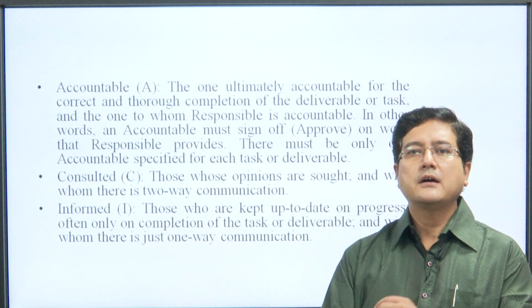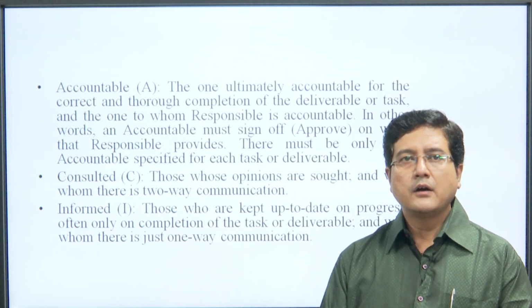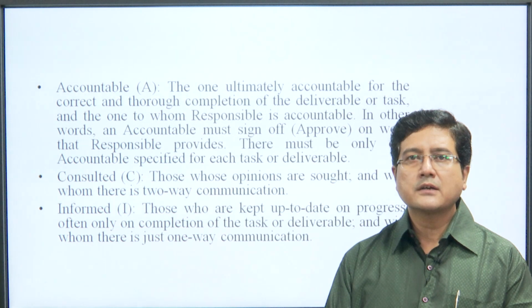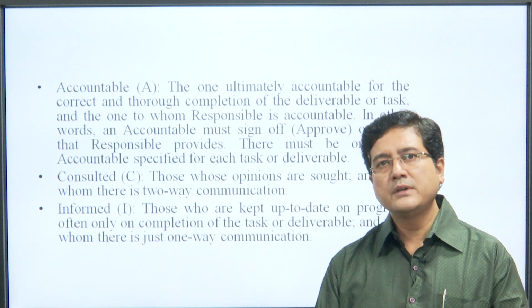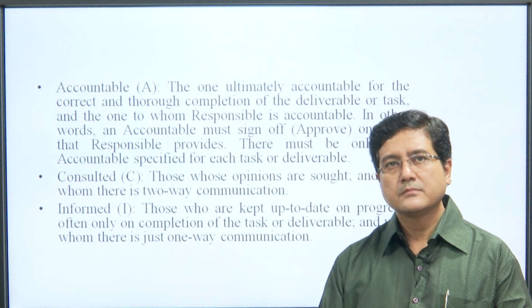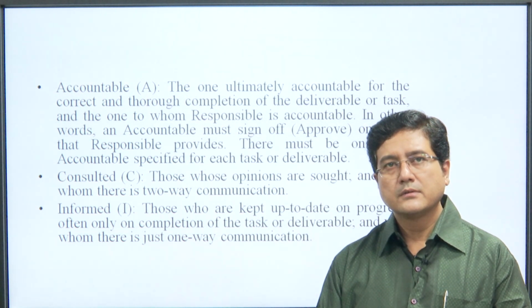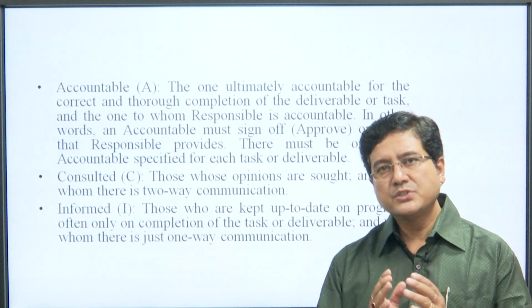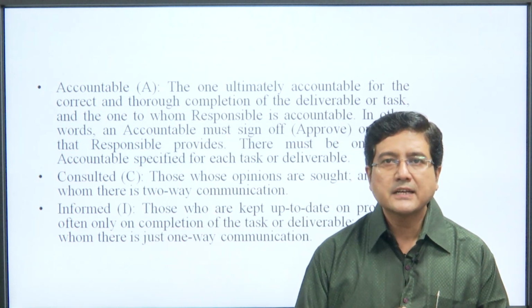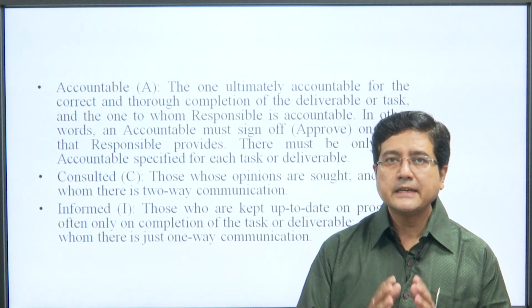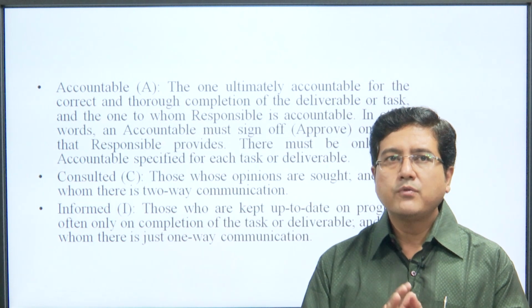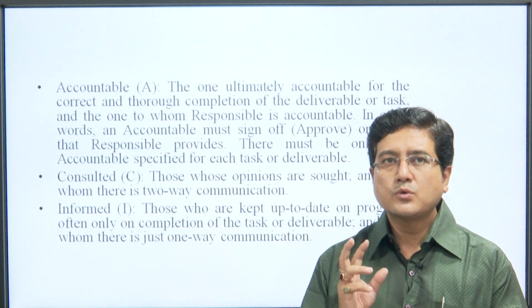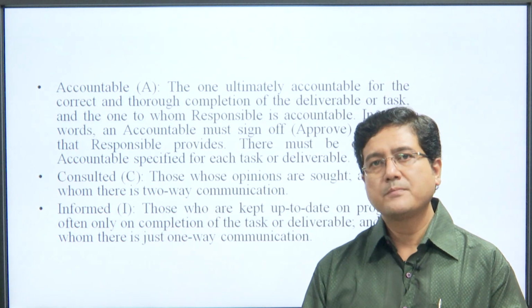So, accountable is the person to whom the responsible needs to give an answer. And accountable is a single position in each task, ultimately accountable for the correctness and completion of the deliverable of the task.